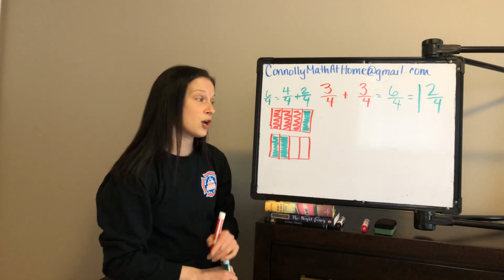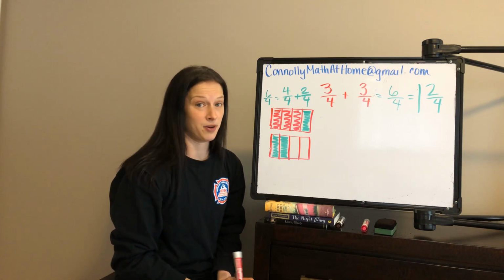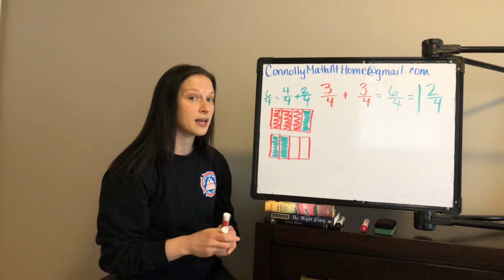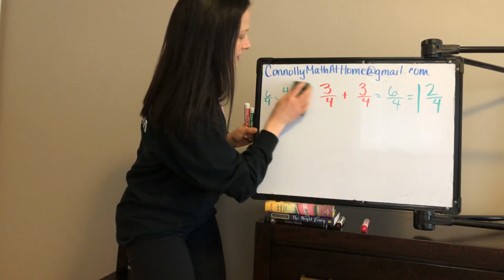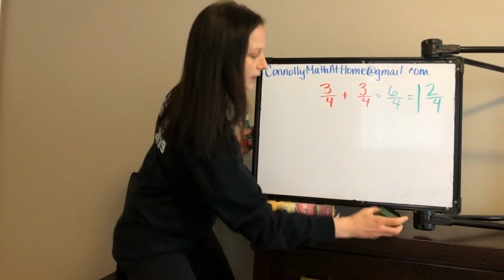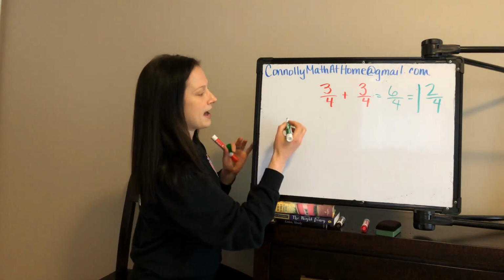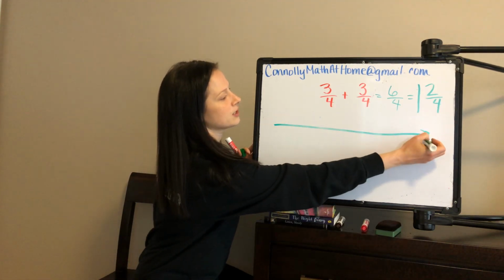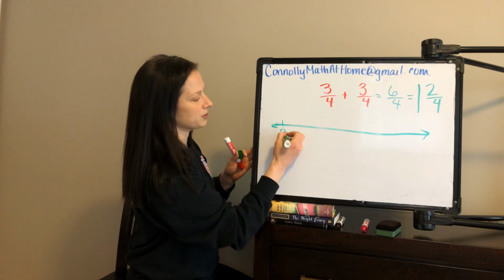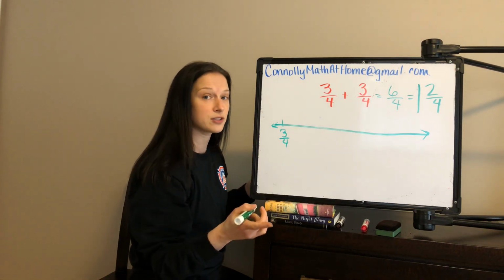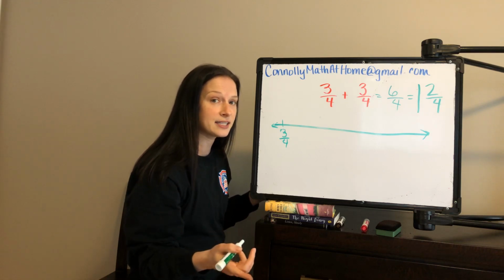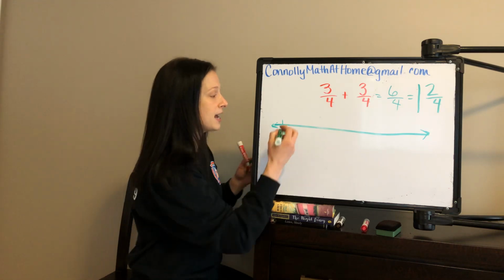All right? So what does this look like on the number line? We just covered the area model, and I'm going to cover the number line next. And I'm going to show you a couple different ways we can think about this. So we have our first number line here, and I'm going to start with 3/4. And I know that I have to add 3/4. So I'm going to do the same thing that I did last time where I add 1/4 at a time.